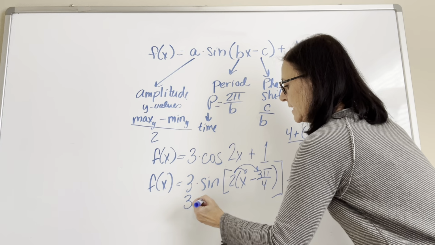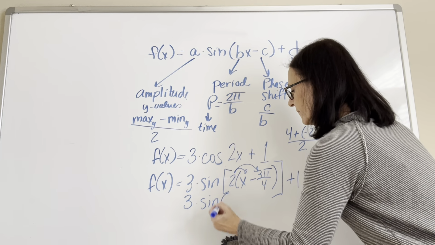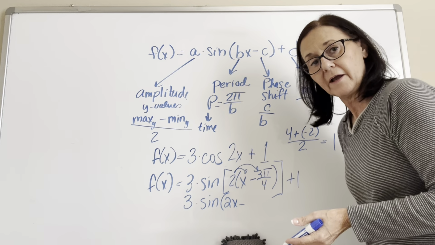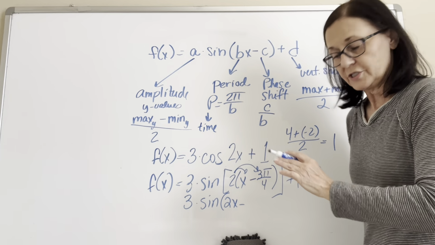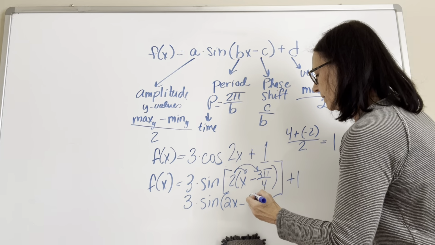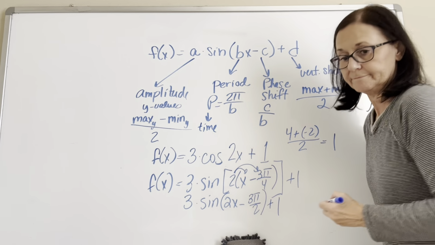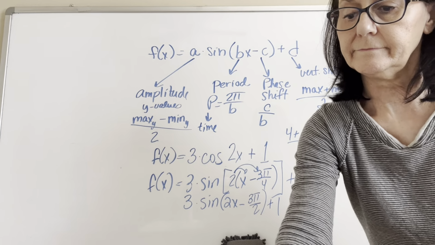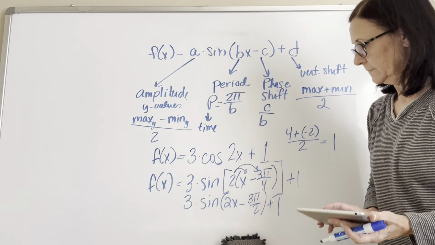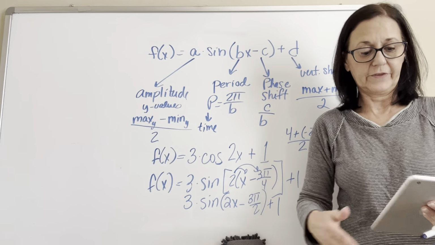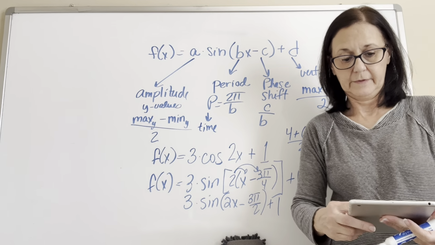So it'd be 3 times the sine of 2x minus, it would really be 6 pi over 4, which is 3 pi over 2 simplified, plus 1. So first write the easiest one and then think about what the other one would be.